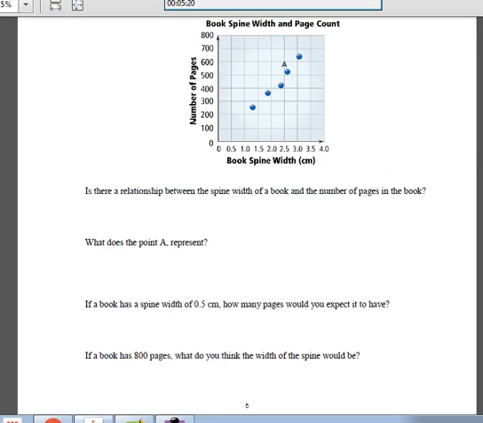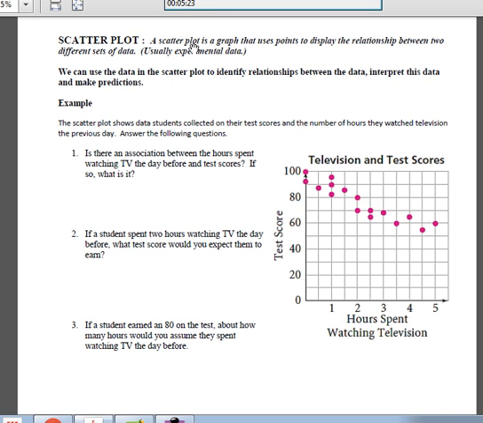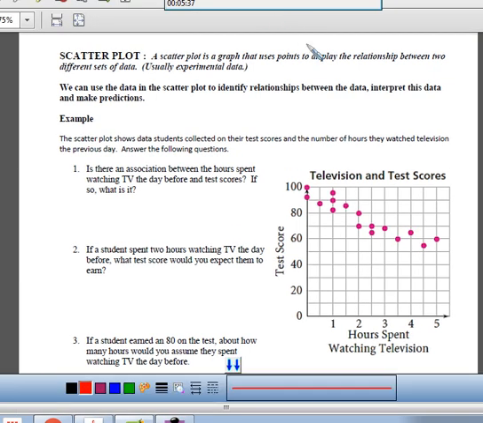Okay, over on the next page, page 6. Again, a scatter plot is a graph that uses points to display, so that's our visual, the relationship between two different sets of data, usually experimental. When it says display, that means a visual.